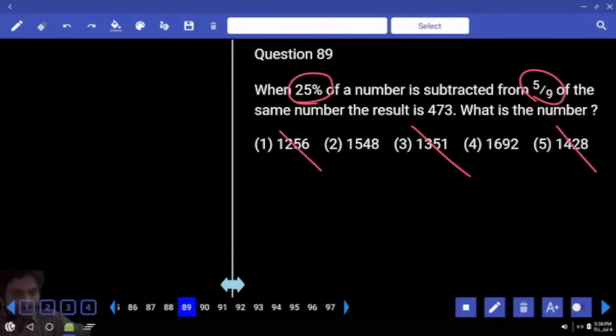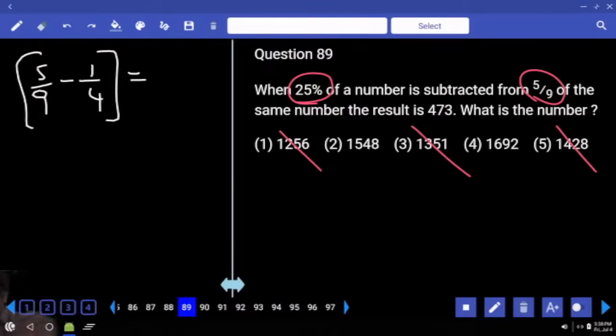Let's calculate. 1/4 of the number is subtracted from 5/9 of the number. Then the resultant is denominator 36, numerator 20 minus 9, 11. So you will get 11/36 of your number. You got it? And which is equal to 473.